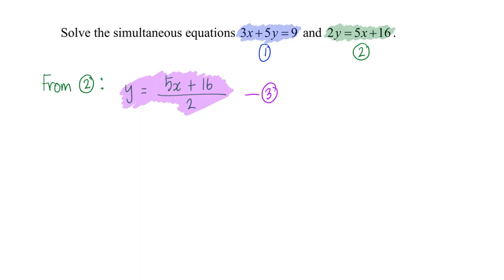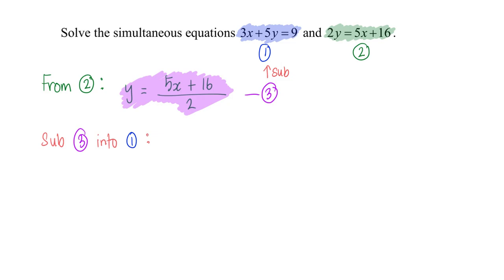So that I'm going to substitute equation 3 into equation 1.